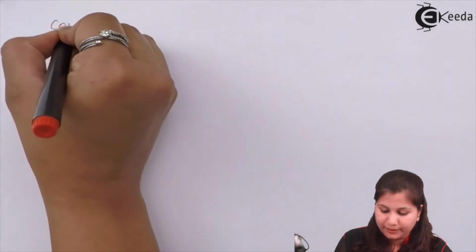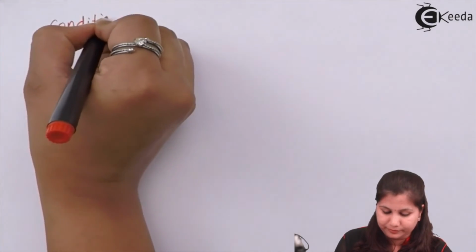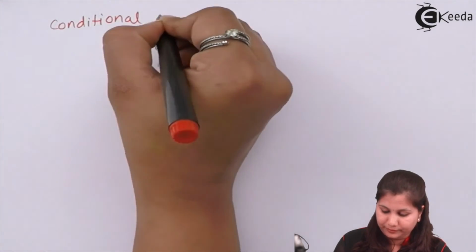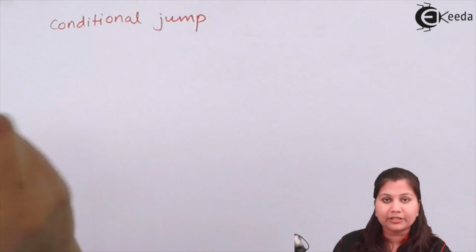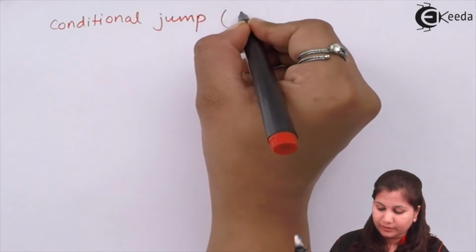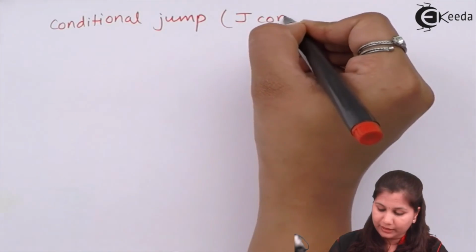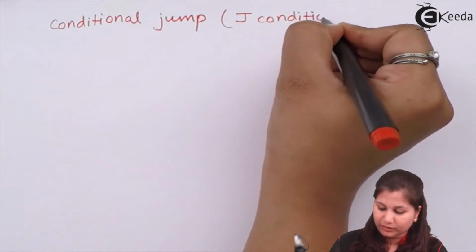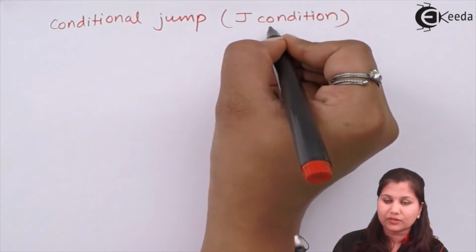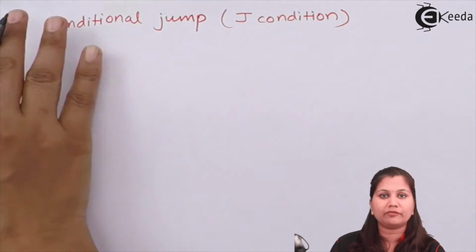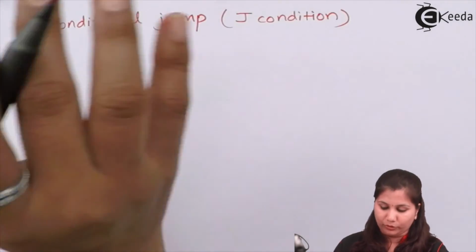So all these were the unconditional transfer instructions. Now in the conditional transfer instructions we have the conditional jump instruction. The syntax will be like J is written and after that the condition is written, and when this condition is satisfied then only the microprocessor will jump to another memory location.